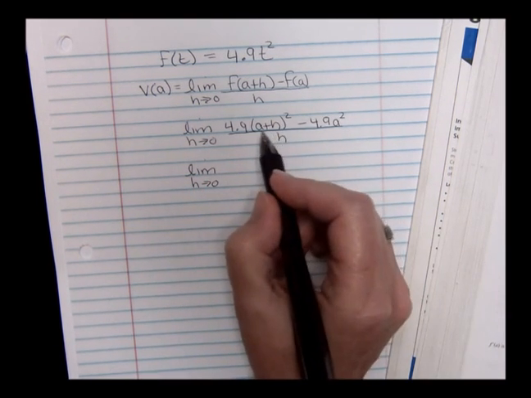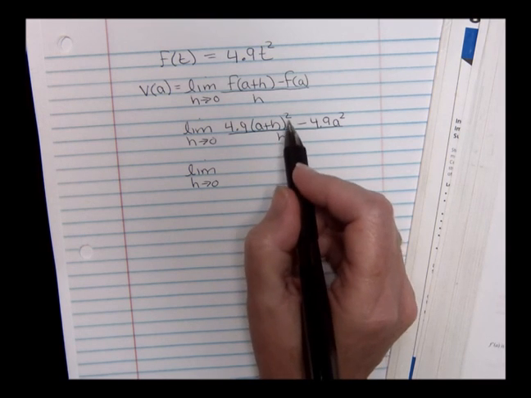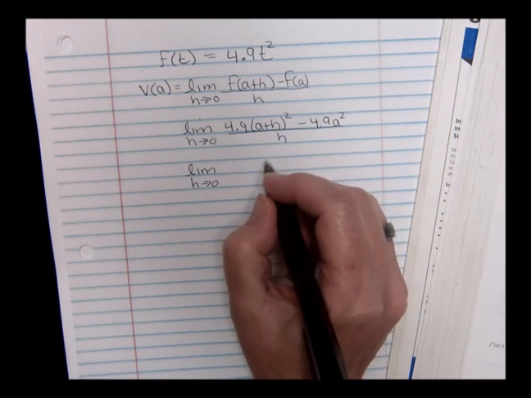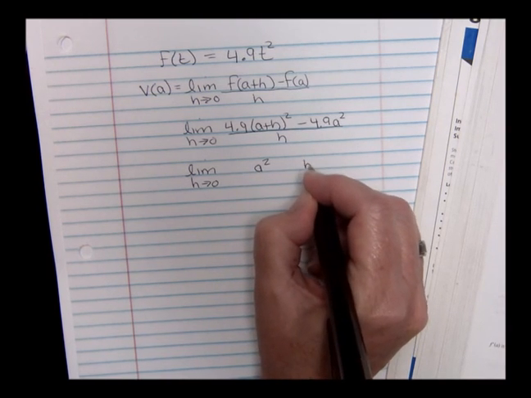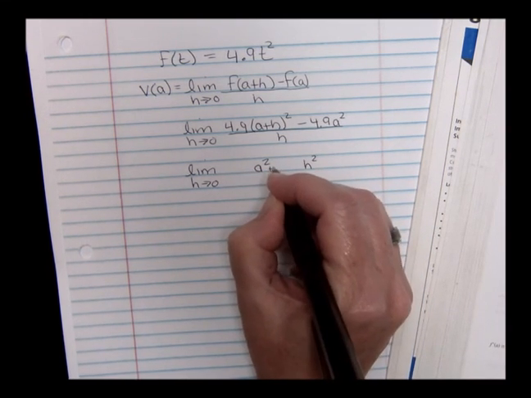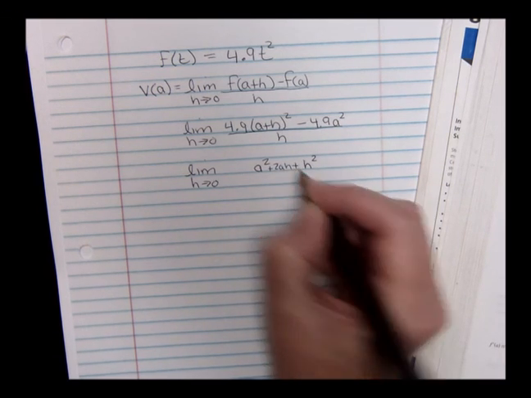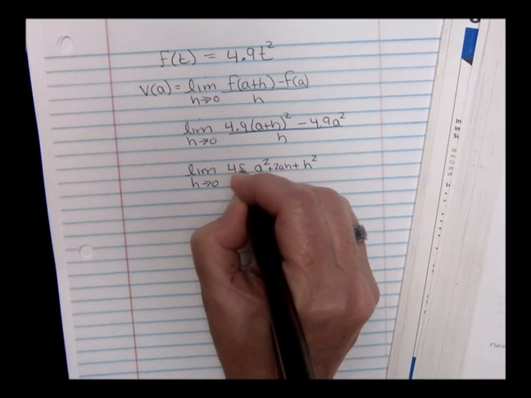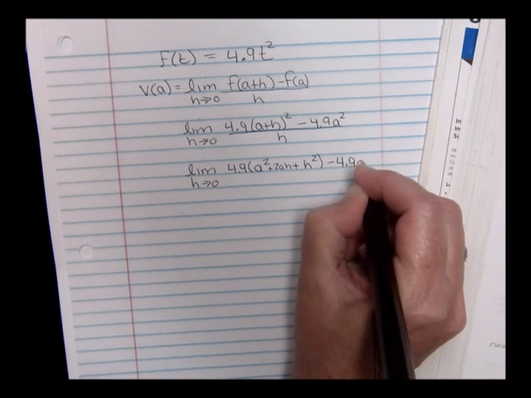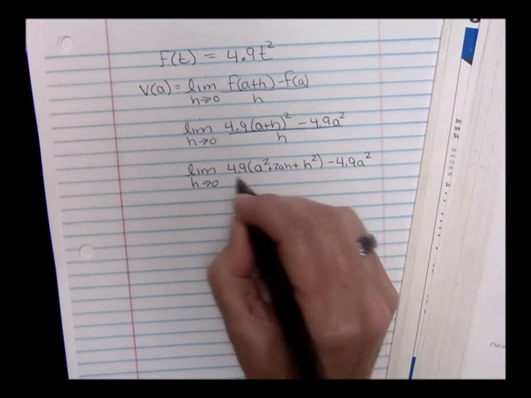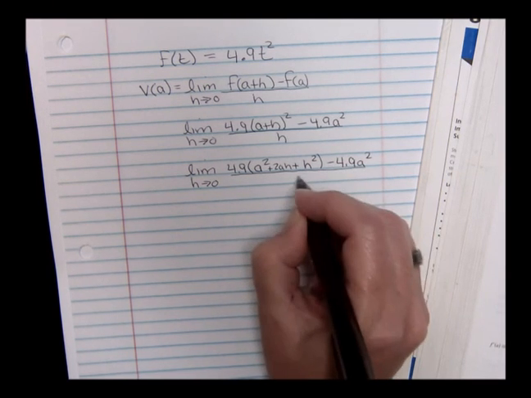Binomial square again. I keep telling you, you need to know this, so hopefully you do. A squared, h squared, multiply together and double it. We have 4.9 here and minus 4.9 a squared still here from our formula. All of that over h.